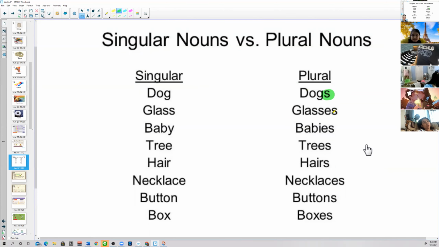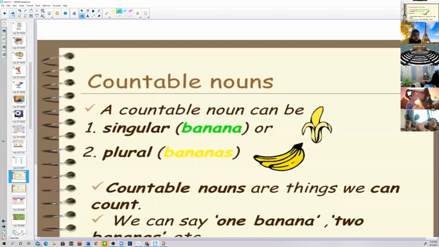From dog to dogs. For some, you add es, so it's pluses. Baby, change the Y to I and then add es. Trees, hairs, necklaces, buttons, boxes. You know all the rules, right? How to add an S to a singular noun.